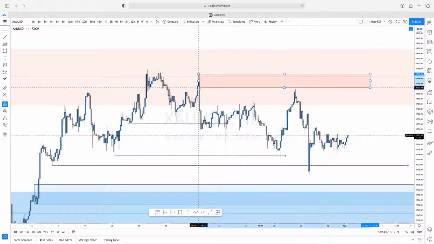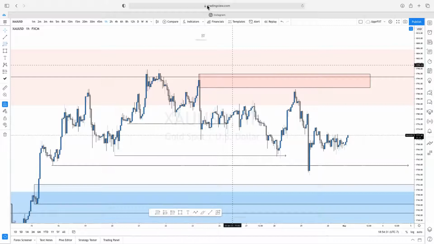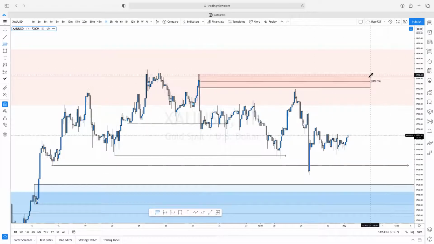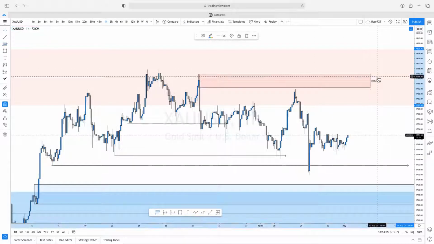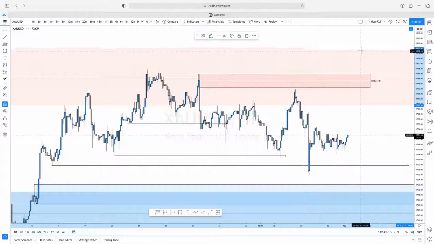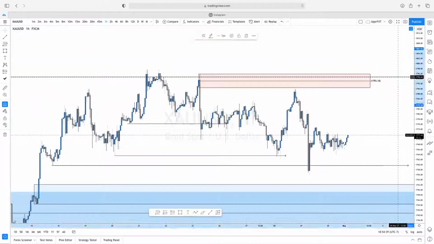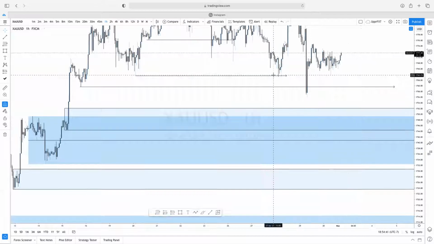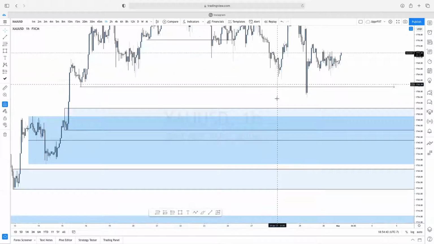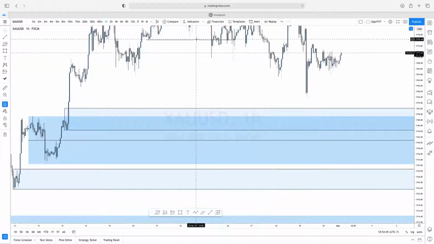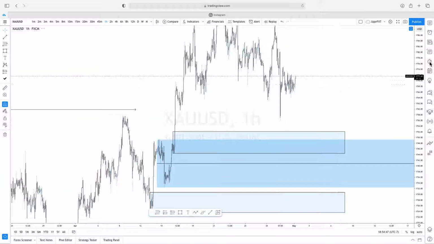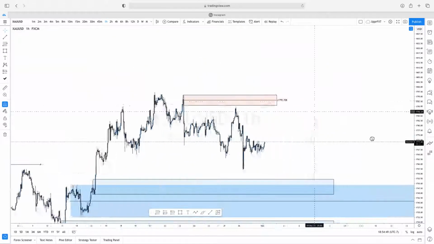This last up to down move on the hour has yet to be mitigated on the open or the 50. And now we can take this off because we know where we are, right? Boom. Go ahead, delete these real quick. Okay.